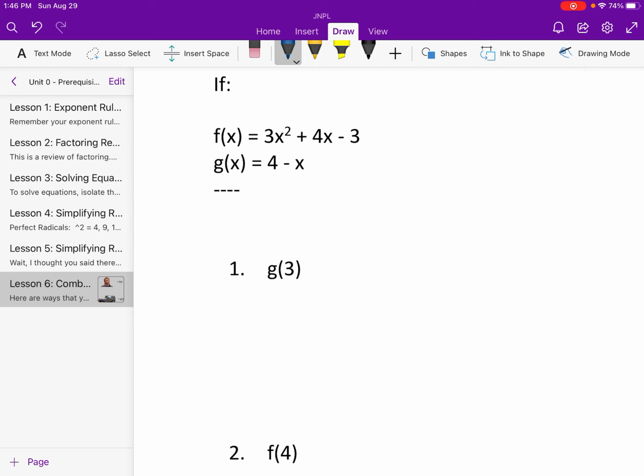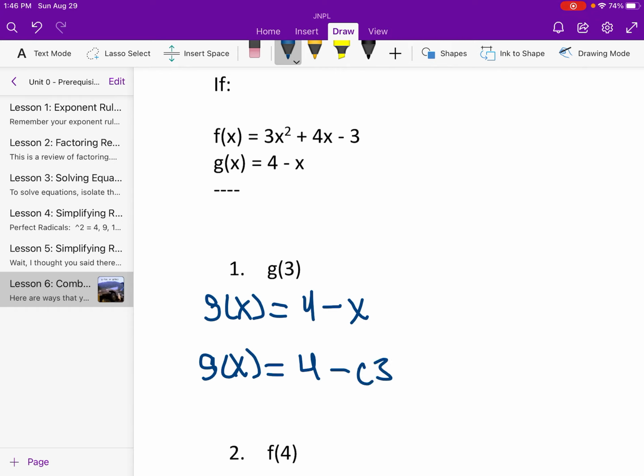That's what that means. So we start out with this. So we put 3 where the x is. And if you do that, 4 minus 3 equals 1. So your official answer would be g of 3 equals 1.